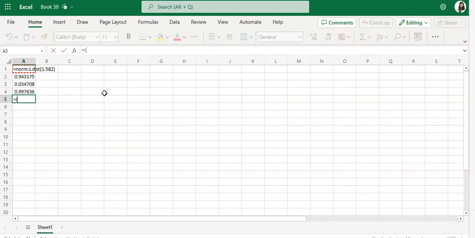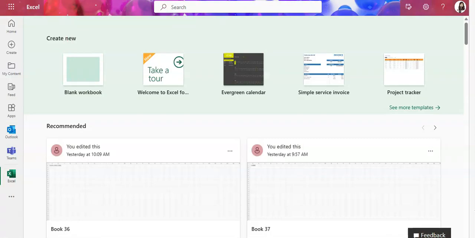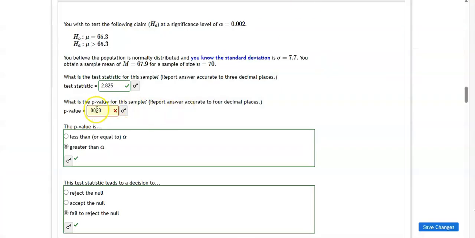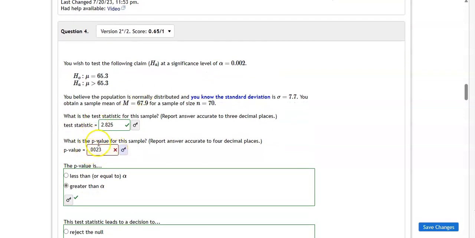And if we want to, we can actually just do the subtraction from 1 right here. And there's our p-value, 0.0024 if we round to 4 decimal places. So let me go back to the problem, and it looks like you were close, and that little bit of difference between the table and using Excel is probably making the difference. So use Excel there, and you won't have those p-value problems.